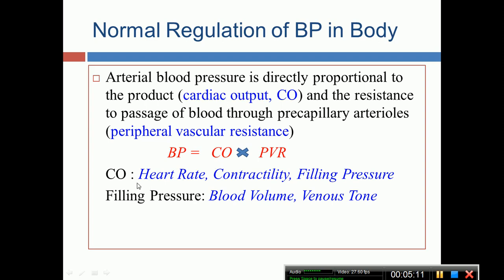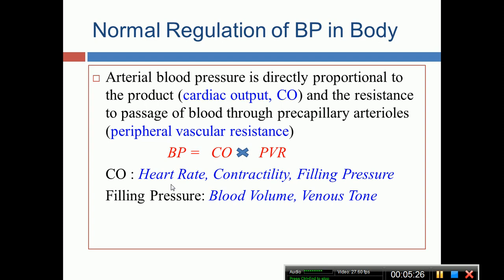Cardiac output is determined by heart rate, because the definition of cardiac output states that it is the amount of blood that comes out of the heart in 1 minute. So heart rate is calculated on a per minute basis.